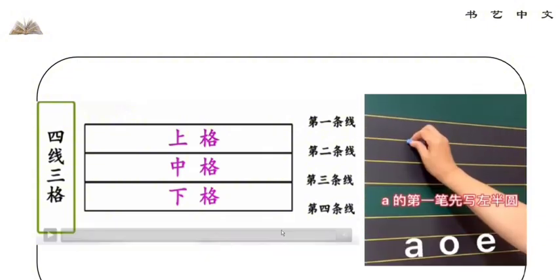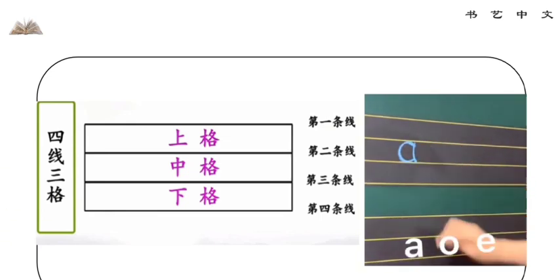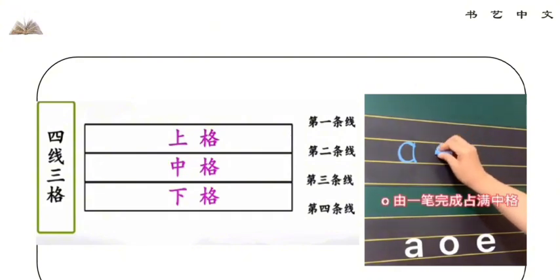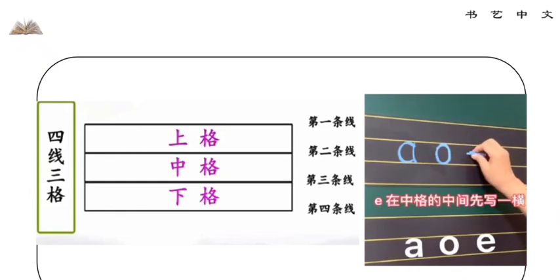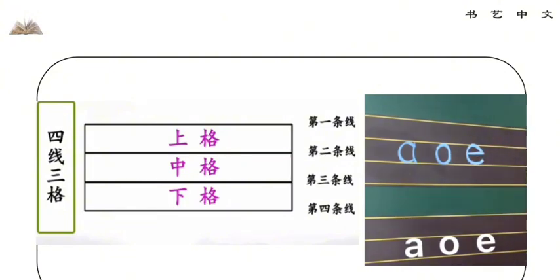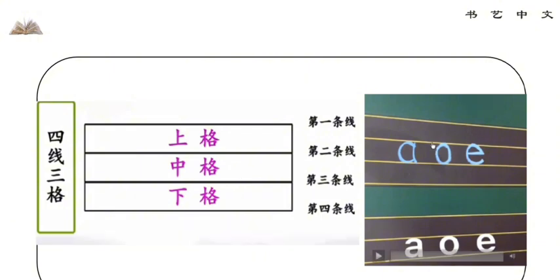Let's watch a video together. Yeah, we can see a and o are situated in the second gap, right? Between the second line and the third line.